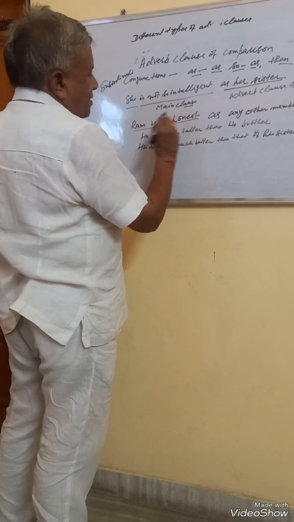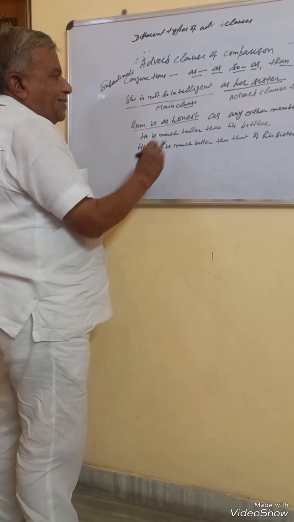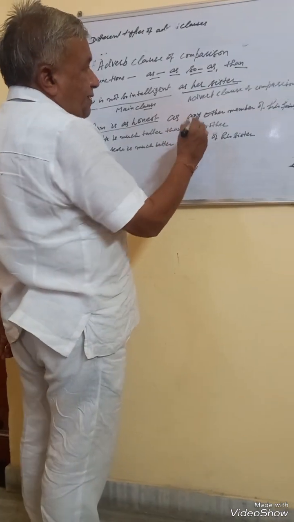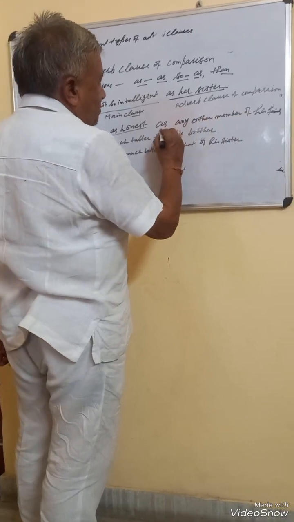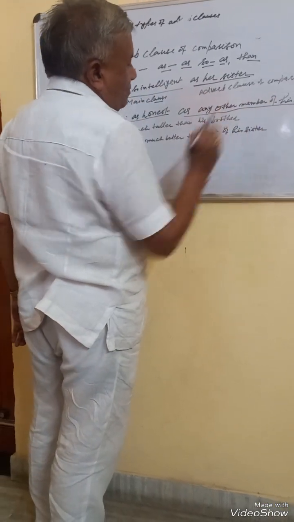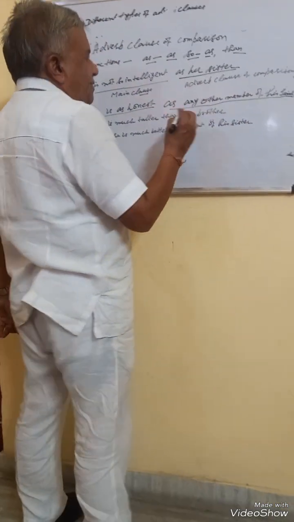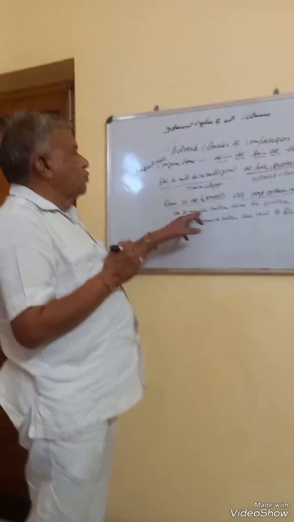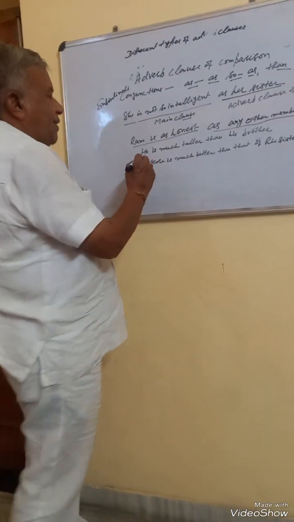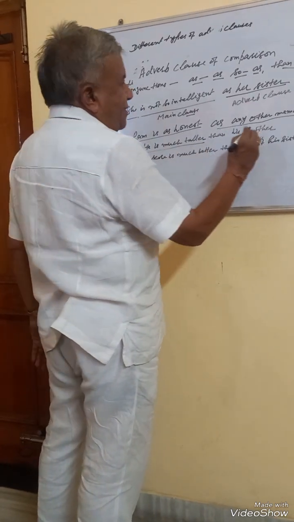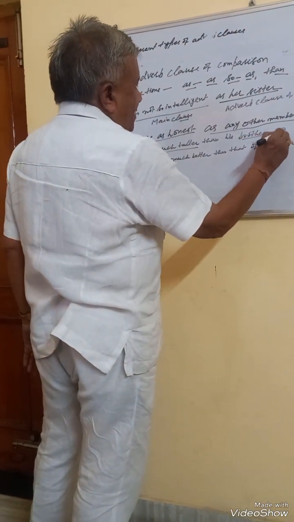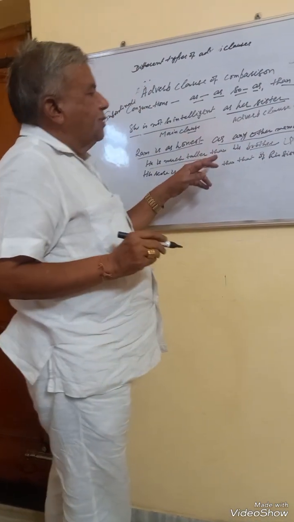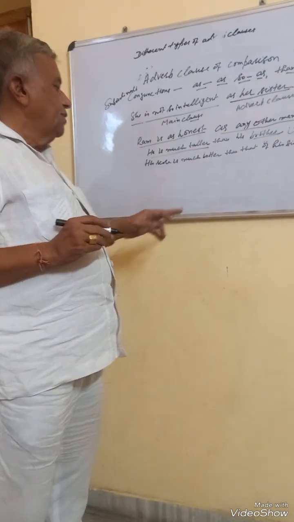"Ram is as honest" is the main clause, and the comparison is being made with any other member of the family. So "as any other member of his family" is an adverb clause of comparison. "He is much taller" is the main clause. Then "than his brother" is the adverb clause of comparison.